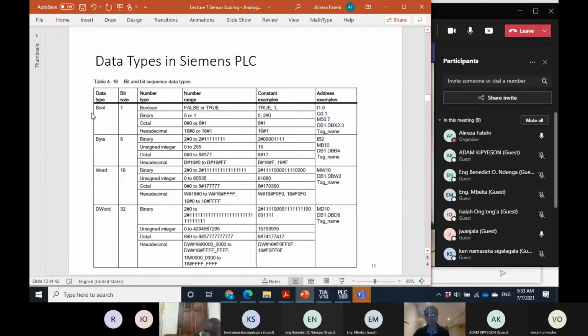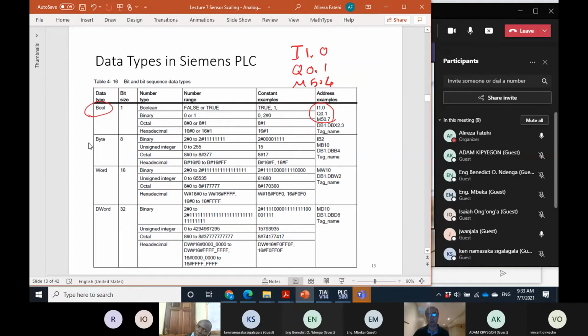This is called Boolean, and this is how we represent it: for example, input 1.0, output 0.1, or memory 5.4. To represent a Boolean signal, we need just a single bit.